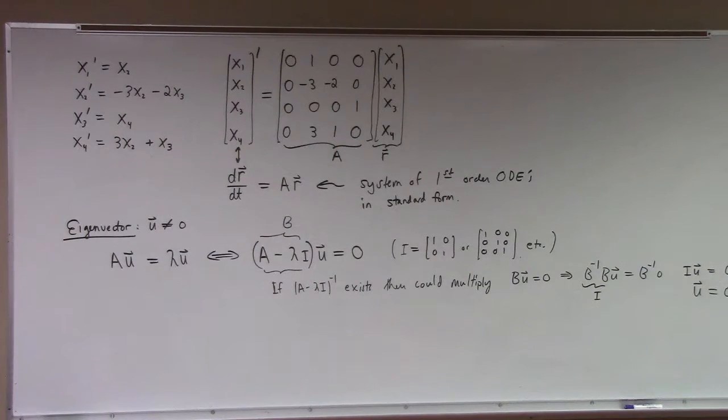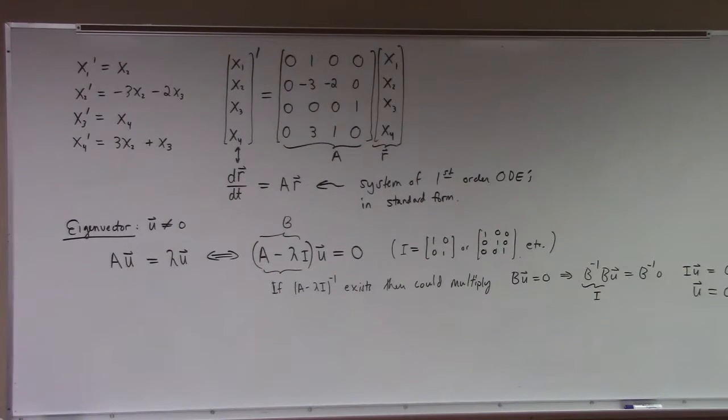But what did we say about U at the start of all this? Non-zero, right? So it must be the case, if U is a non-trivial vector such that A minus lambda I times U is 0, it must be that this matrix is not invertible. What is the convenient way to characterize the non-invertibility of a matrix that we learn in 221 or 321?